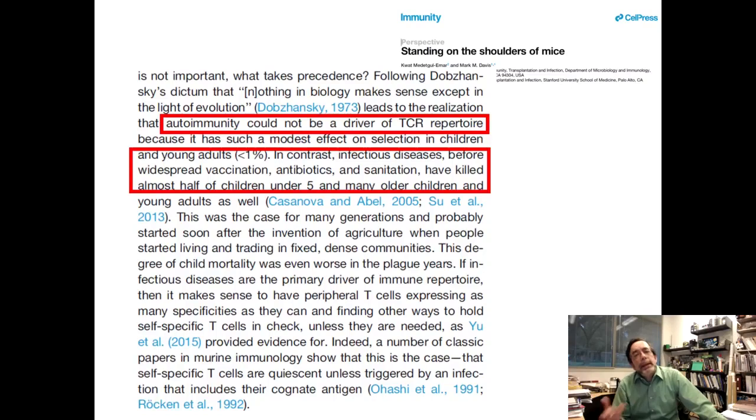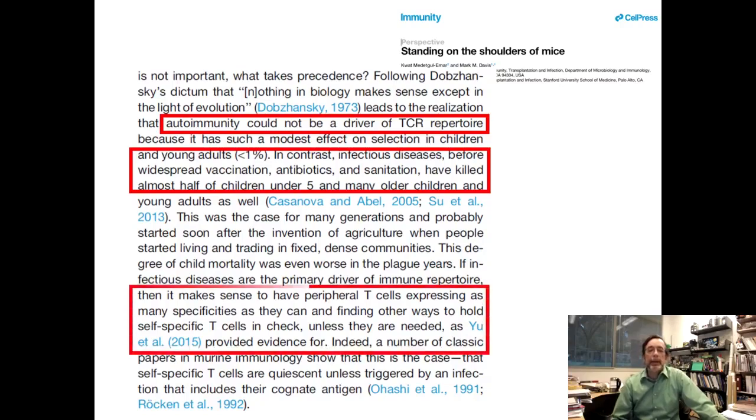We probably evolved to have a more active immune system against infectious diseases. So if there's a way for our immune system to care more about infectious diseases and less about autoimmune diseases, it would make sense for it to evolve that way. And it turns out that if you think about it, peripheral immunity may be you have better infectious disease reaction if you have more peripheral T cells that are messier, that they react with as many things as they can.